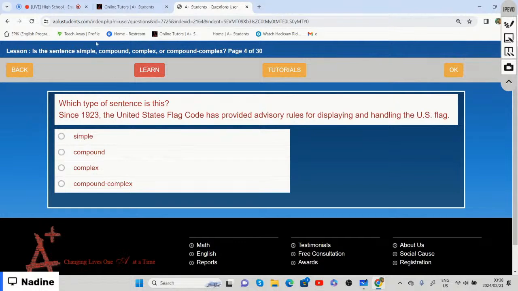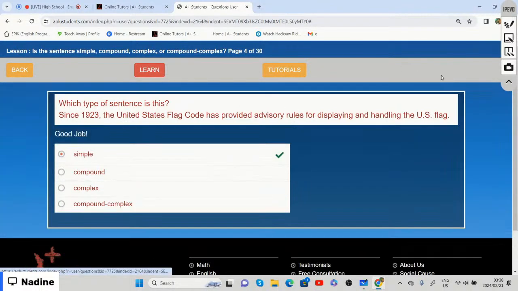And if we were to choose the correct sentence type, since 1923, the United States Flag Code has provided advisory rules for displaying and handling the US flag. I think this is a simple sentence. Yes, it is a simple sentence.